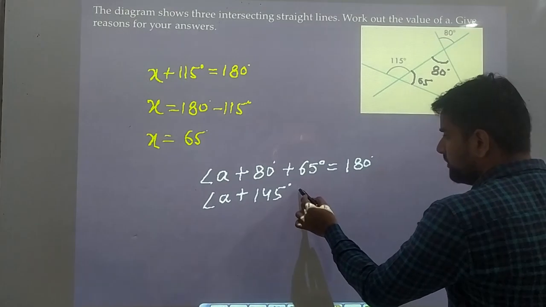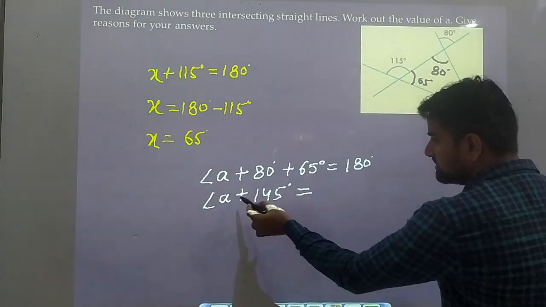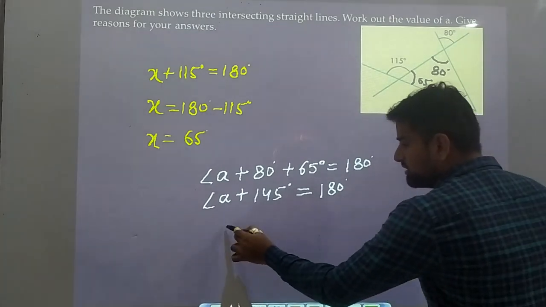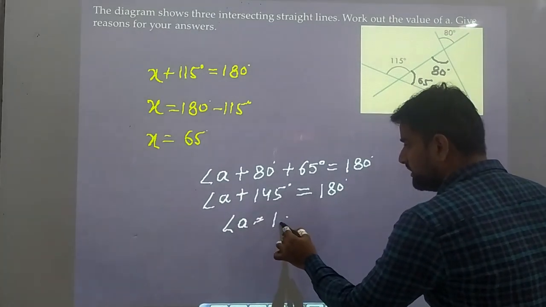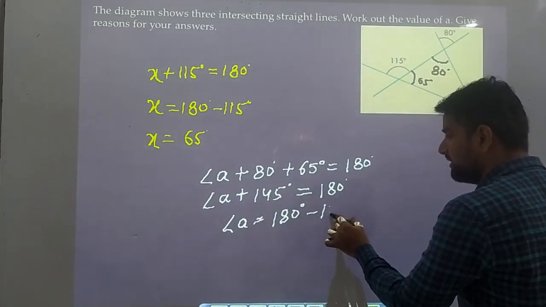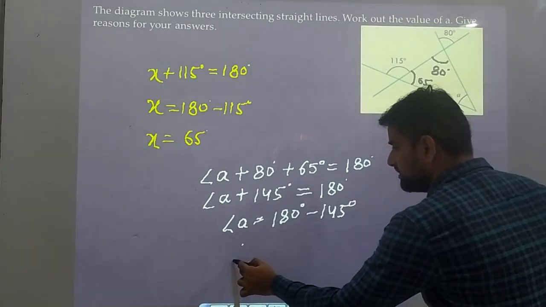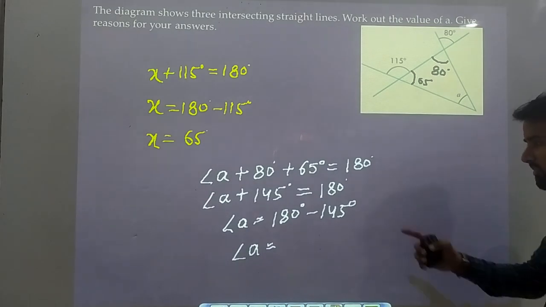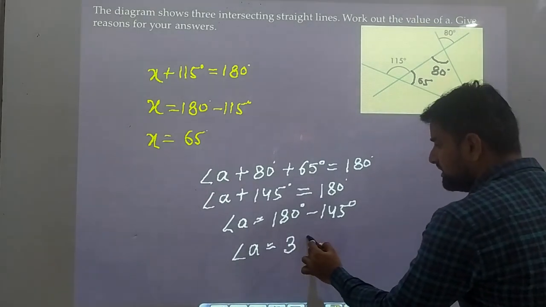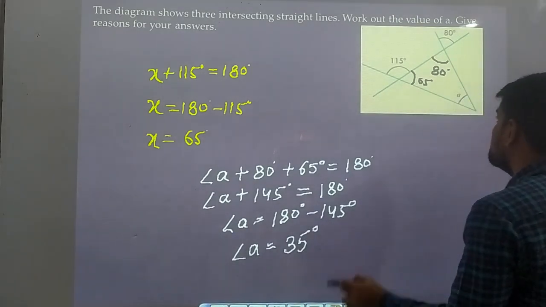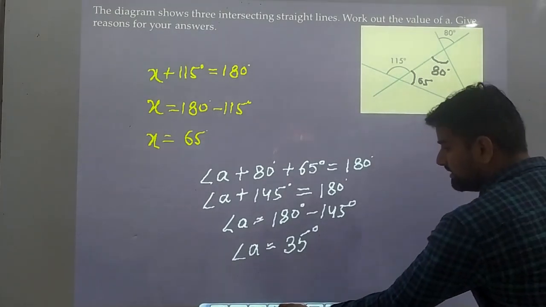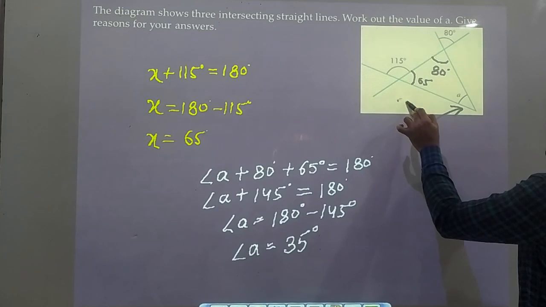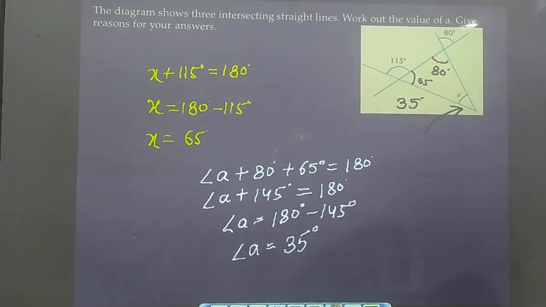So angle A plus 145 equals 180 degrees. So angle A is 180 degrees minus 145 degrees, which is 35 degrees. So here the angle A is 35 degrees.